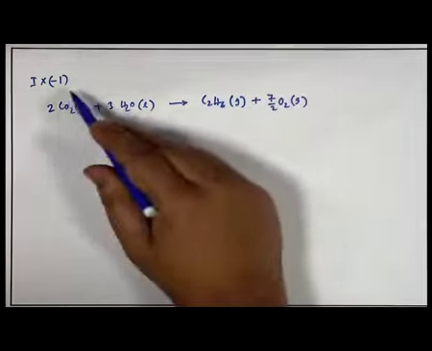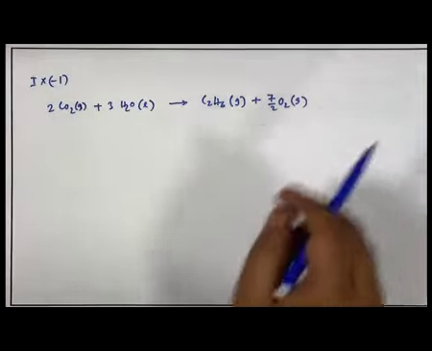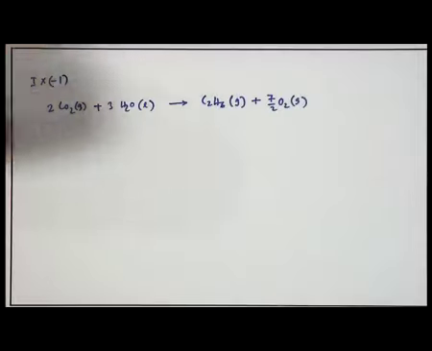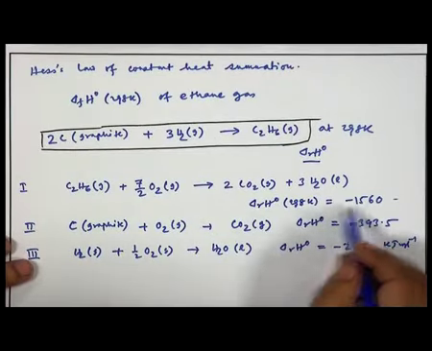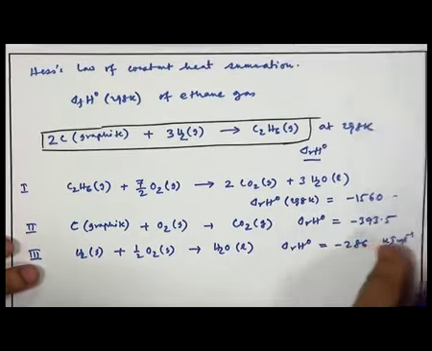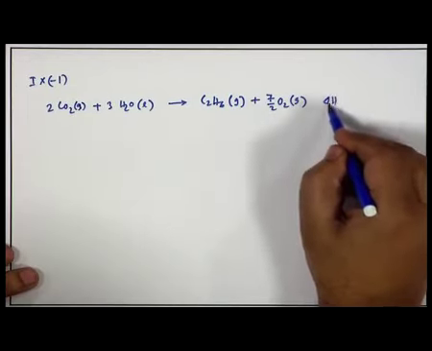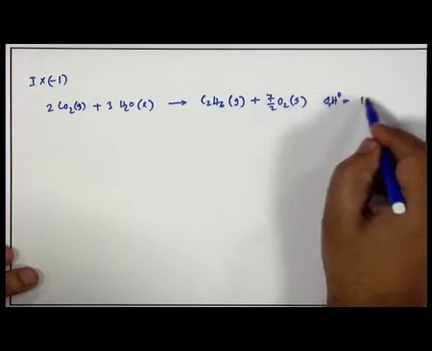We have multiplied by -1, and this is an extensive quantity. So, we have this value and we should multiply by -1. So, we will get 1560 in this case. So, delta H R is 1560.